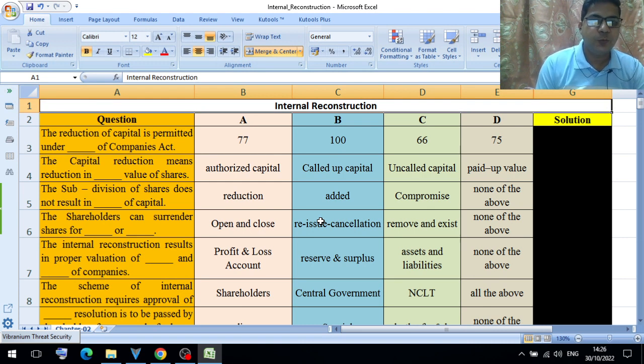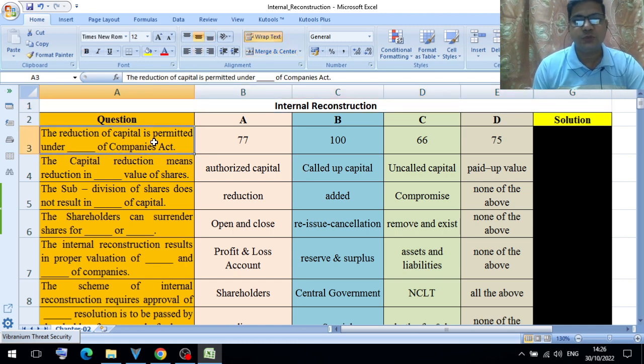I will read the question, and we have four options under objective questions. There are a number of objective types. Sometimes multiple choice questions, true or false, match the columns, fill in the blanks will come, but they will give maximum preference to multiple choice questions and true or false.